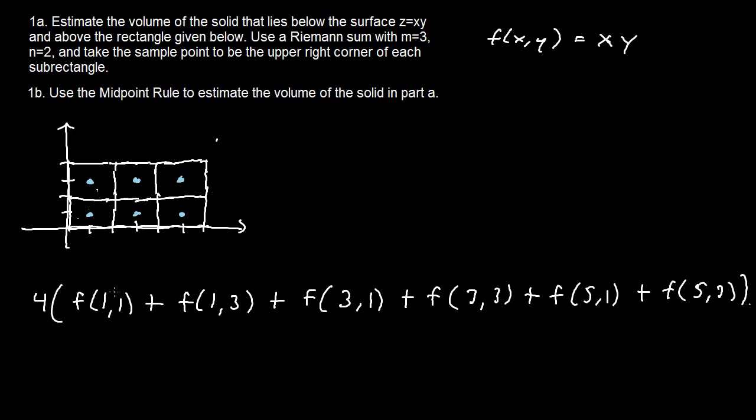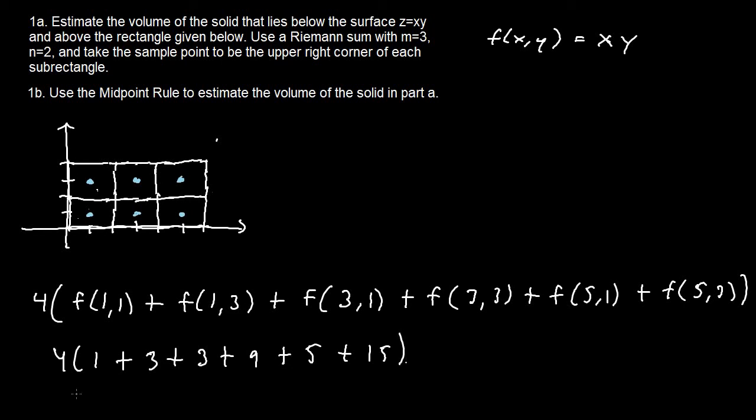Now when we evaluate f of 1, 1, plugging it into the multivariable function, we just multiply 1 times 1. That gives us 1, plus f of 1, 3, which gives us 3, plus f of 3, 1, also 3, plus f of 3, 3, that gives us 9, plus f of 5, 1, that gives us 5, and then plus f of 5, 3, that gives us 15.